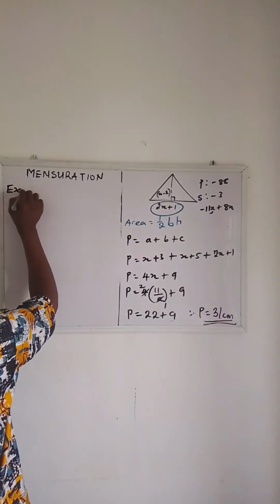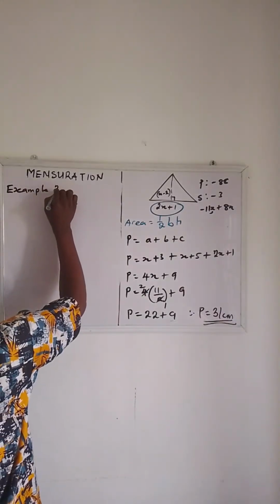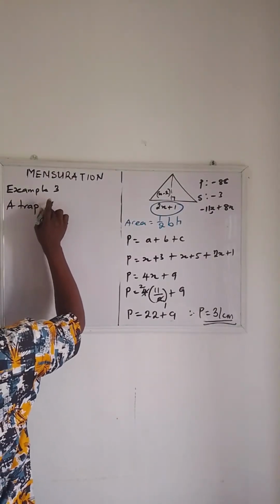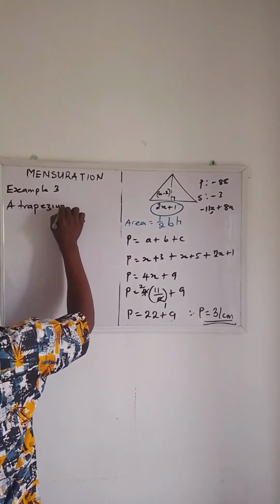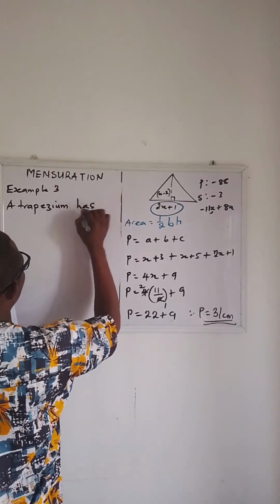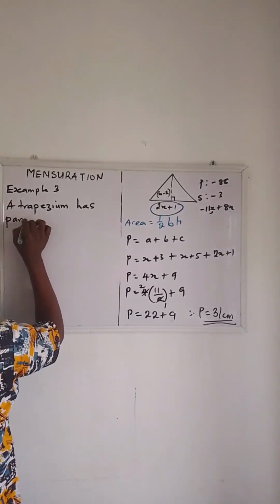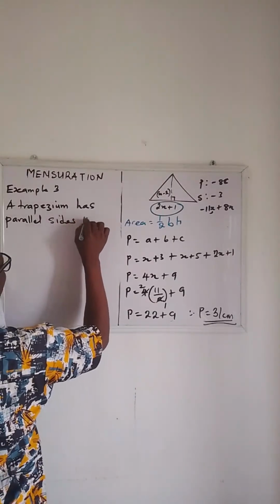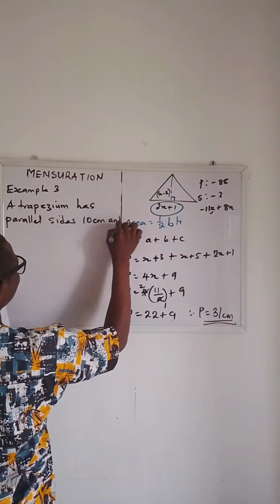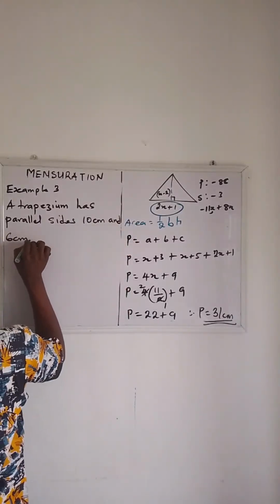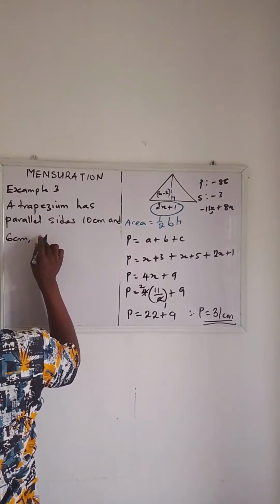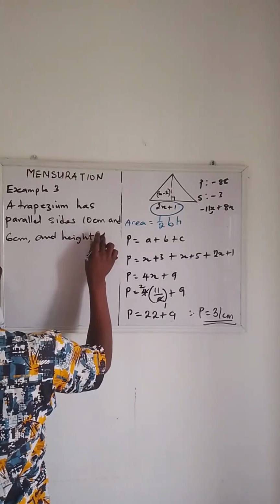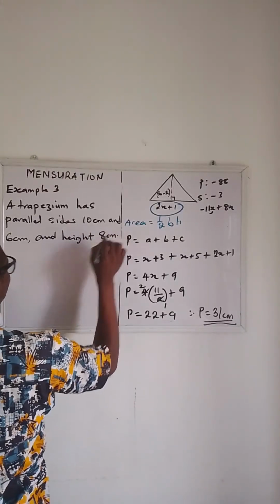Example 3. A trapezium has parallel sides 10 centimeter and 6 centimeter, and height 8 centimeter.